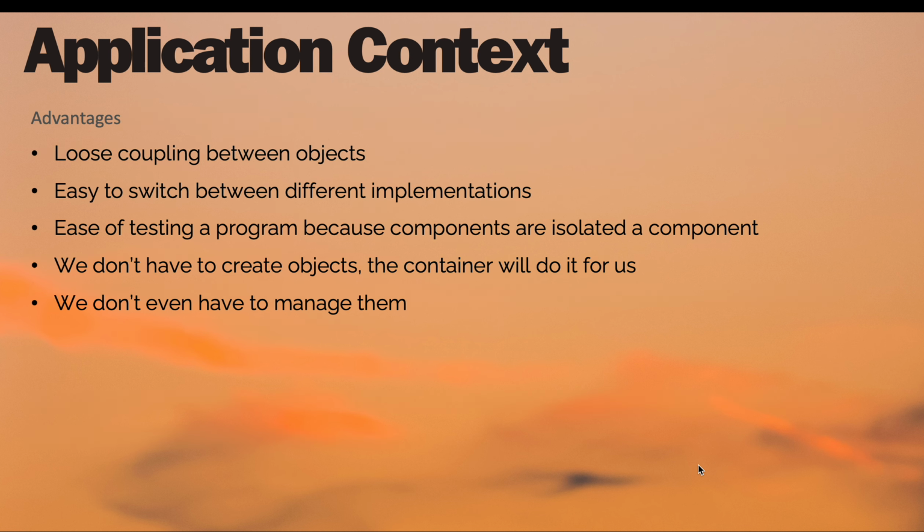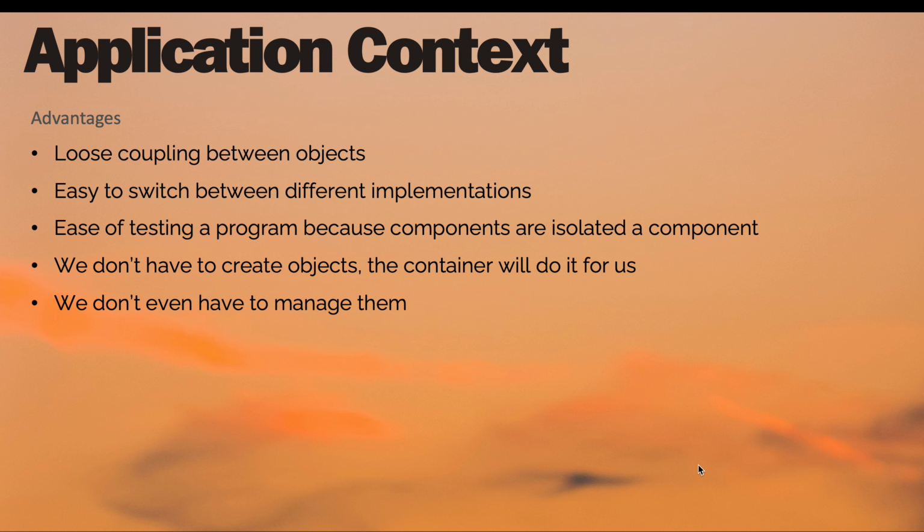So what is the advantage of all this? The advantage is that we have loose coupling between objects. You know that loose coupling means your components are not tightly coupled to one another, and tight coupling leads to sensitivity between components, which means a component becomes too sensitive to another component, which is not what we want.